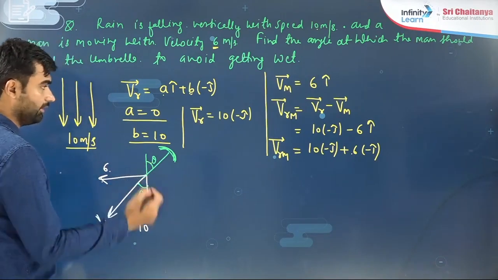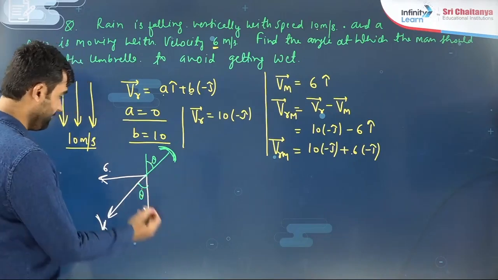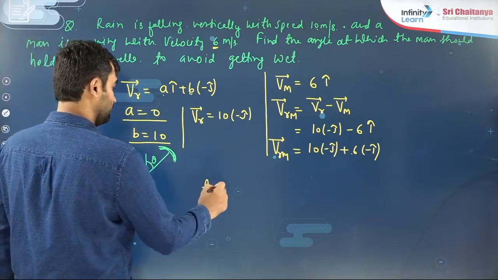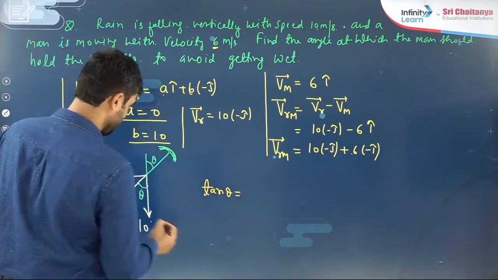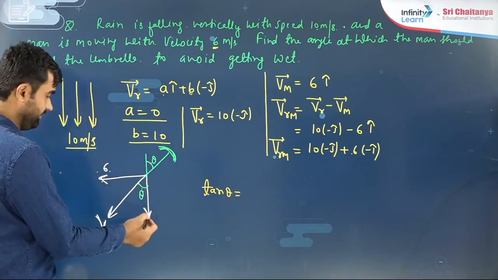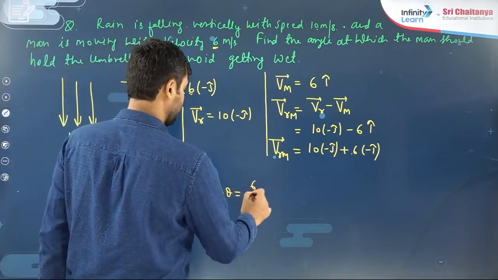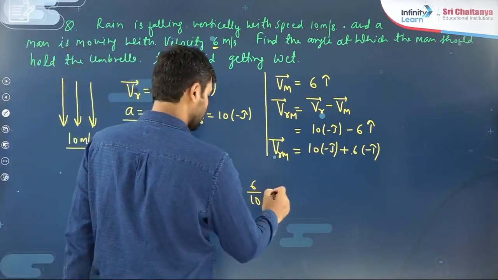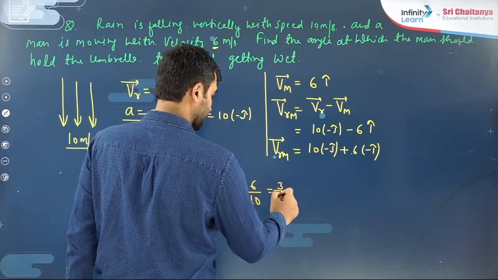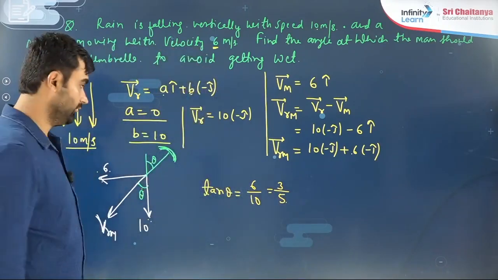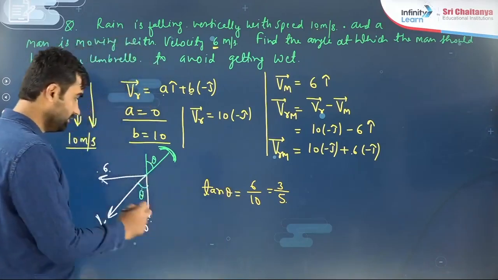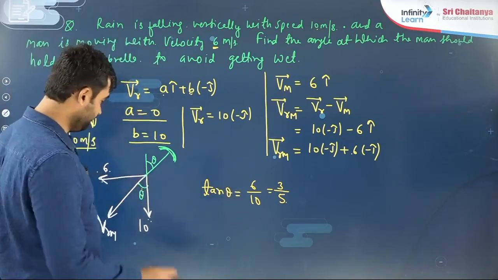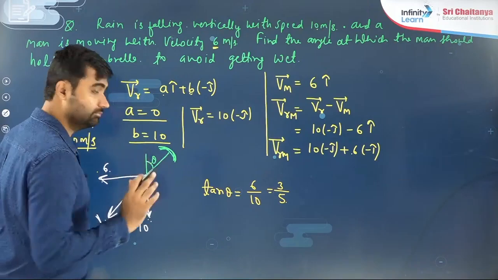Now, what is the value of tan theta here? Easily we can calculate: tan theta is equal to perpendicular divided by base. Perpendicular is 6 and base is 10. And remember, 6 by 10 we can write as 3 by 5. Agree or not? Now remember this point: the direction of holding the umbrella will be opposite to VRM.